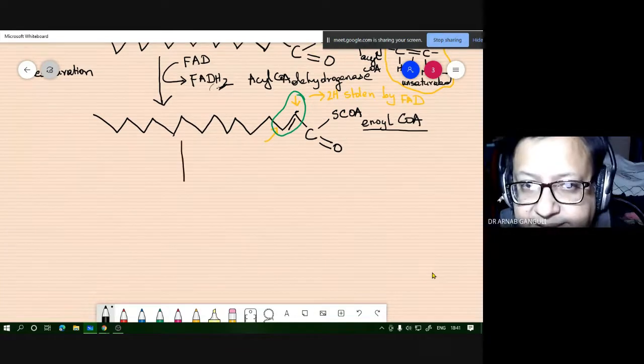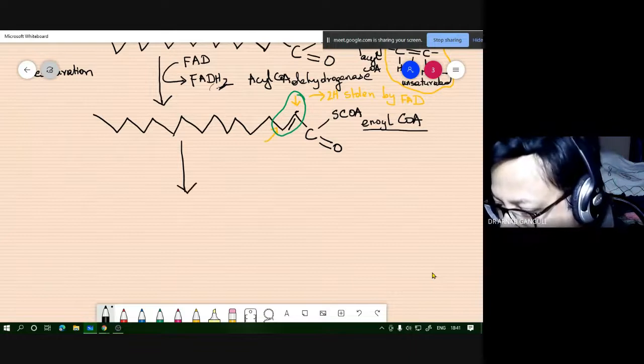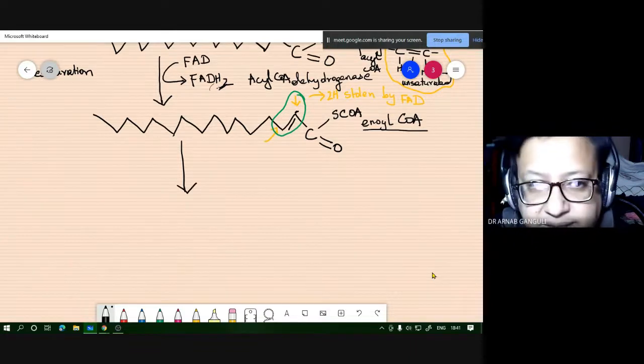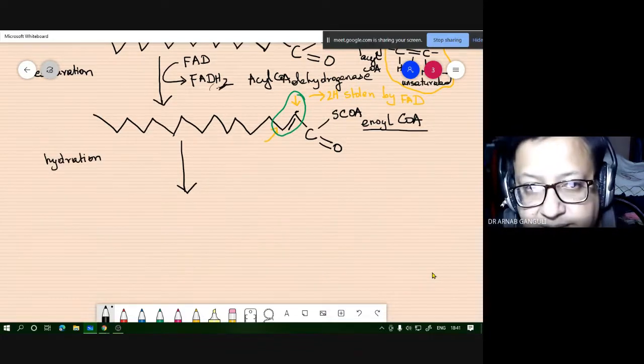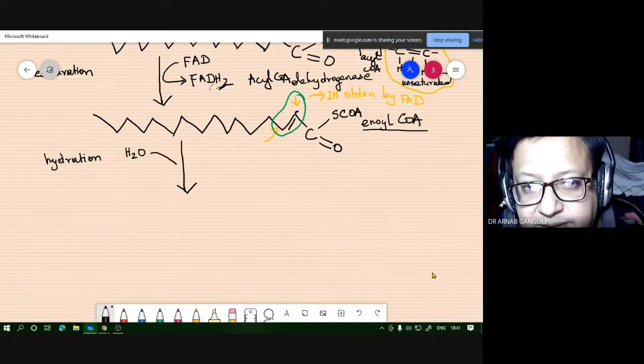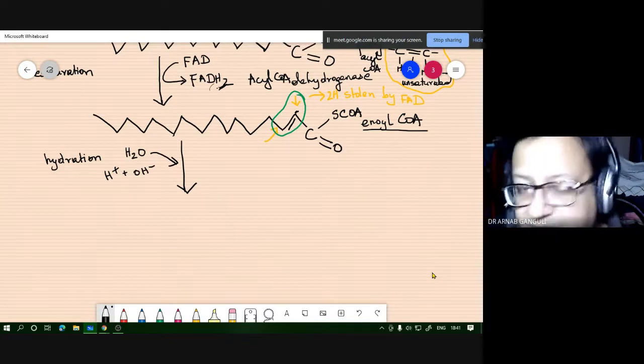Now the next step is known as hydration. Here a molecule of water enters. Water is one H and one OH.